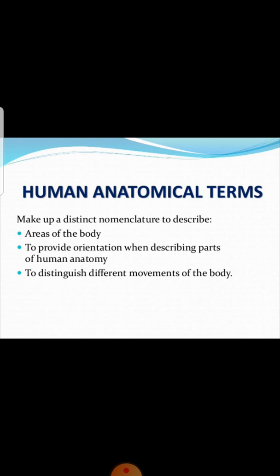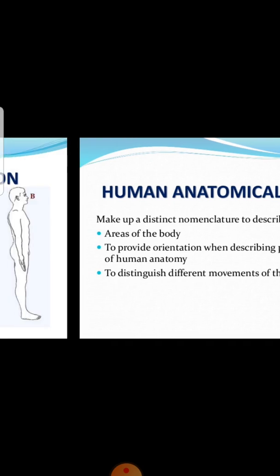The purpose of this anatomical nomenclature is to describe the areas of the body, to provide orientation when describing the parts of the human anatomy, and to distinguish different movements of the body. When we study the musculoskeletal system, we will study the movements as well. But before that, I would like to highlight some very basic terminologies.